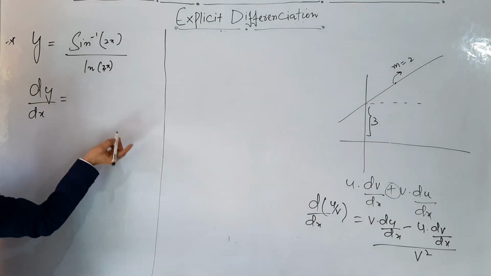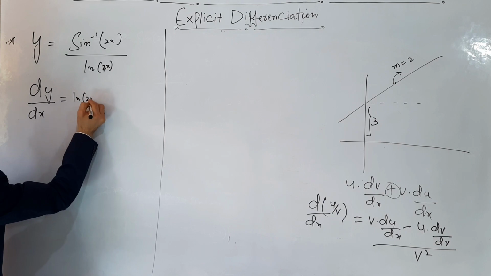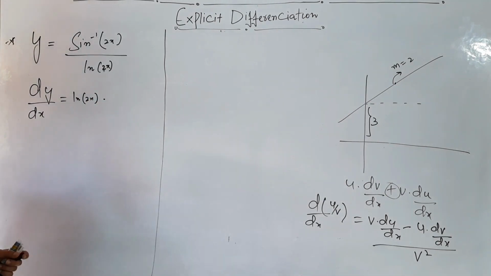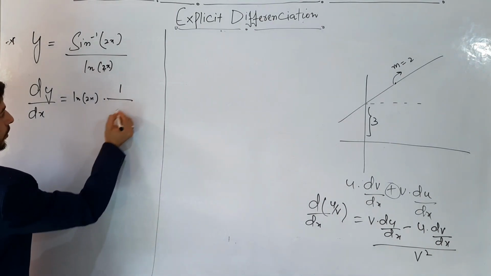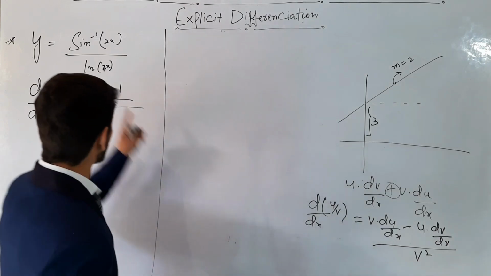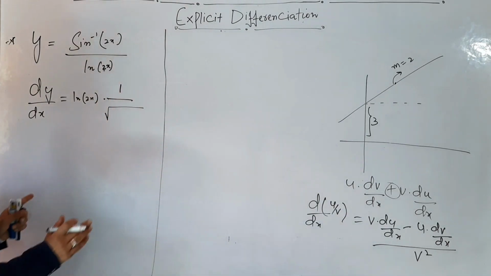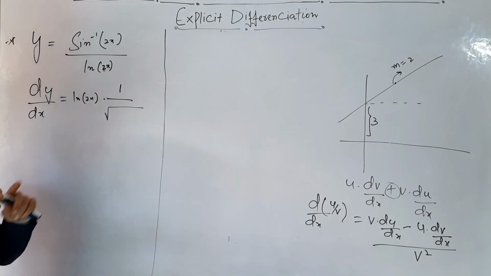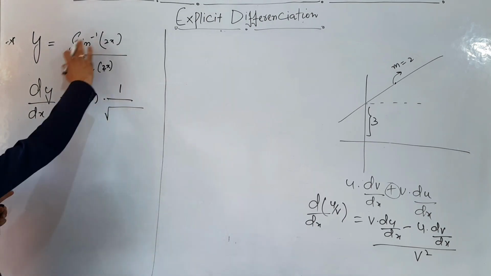Now what will this be? It will be v, that's ln of 2x, times the derivative of sine inverse x. I hope you know the derivative of sine inverse x is 1 upon under root of 1 minus x square. But it's not pure x, it's 2x. First of all, write the derivative of sine inverse of 2x, assuming that 2x is x.